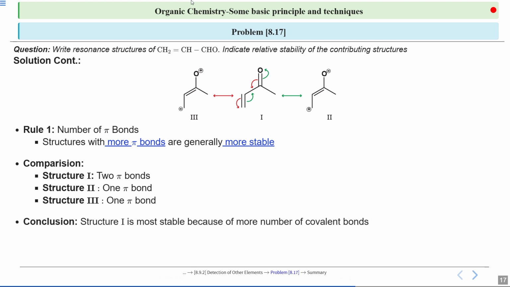In conclusion, structure number 1 is the most stable one, because rule number 1 clearly indicates that it has a greater number of pi bonds, so it is the most stable due to better electron delocalization.